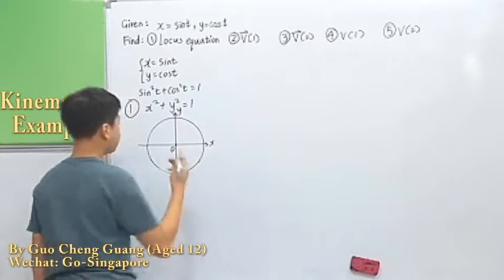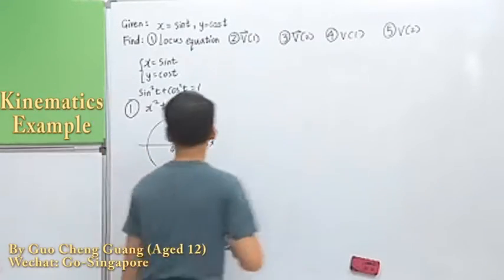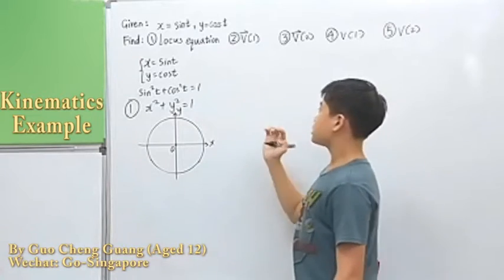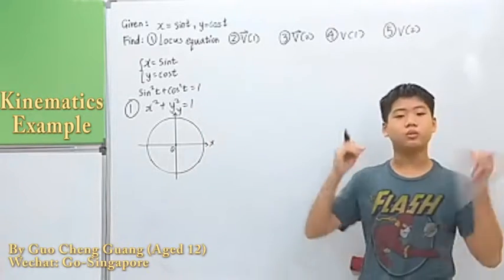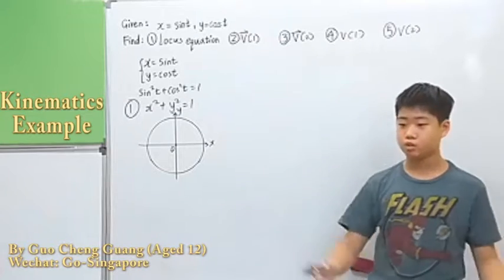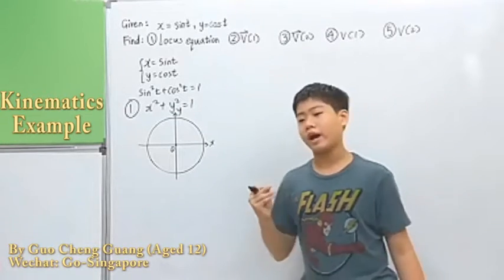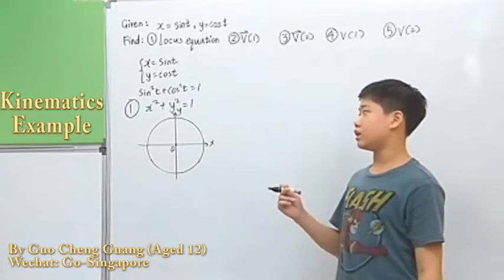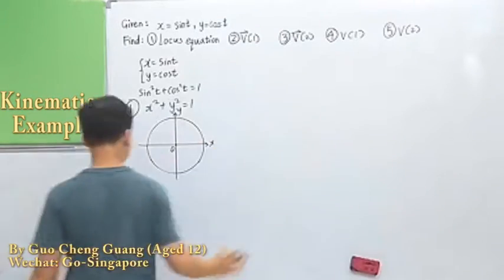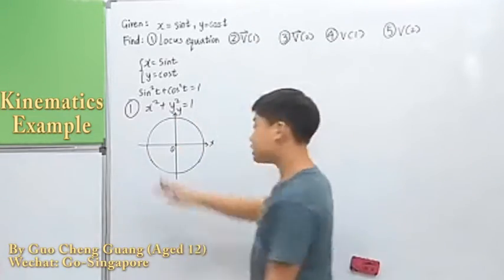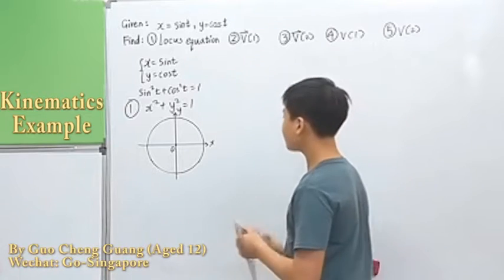Okay, it can be this circle like this. But wait, since this can be just referring to one particle and it moves in this way, how does this particle actually move? Is it in a clockwise direction, or is it in an anti-clockwise direction?